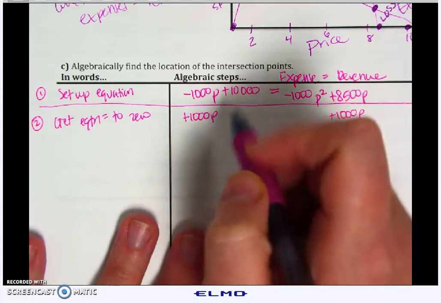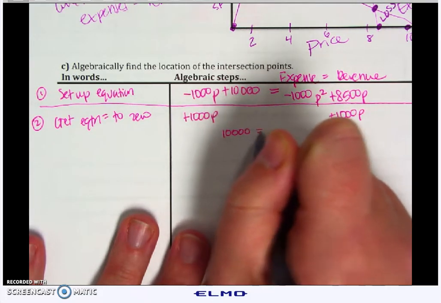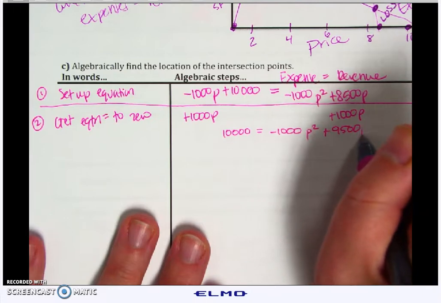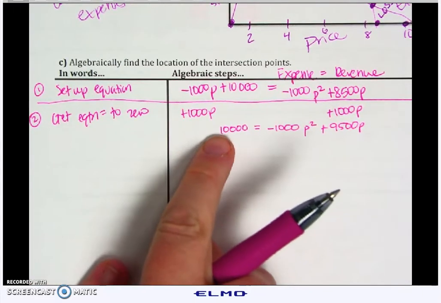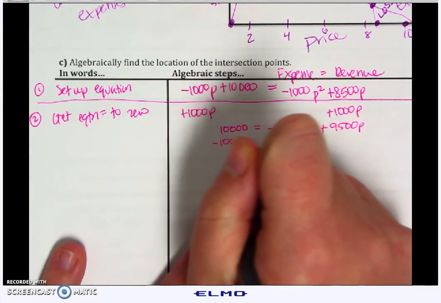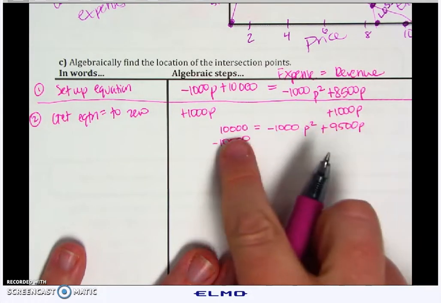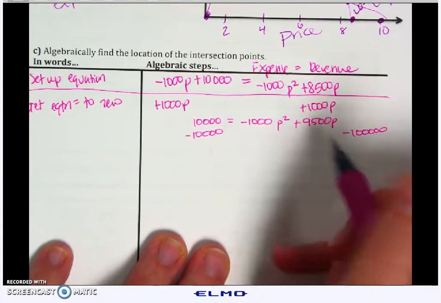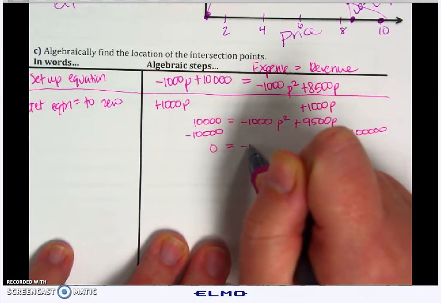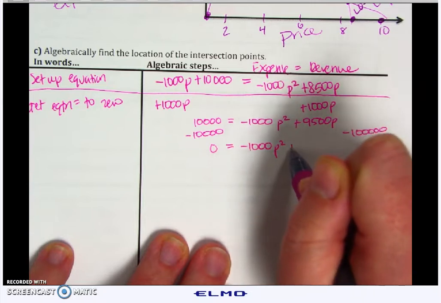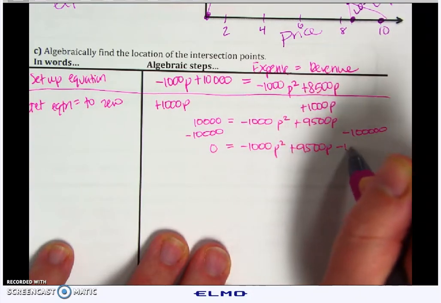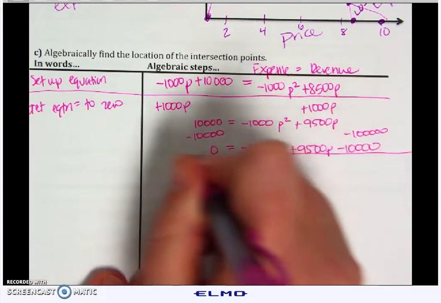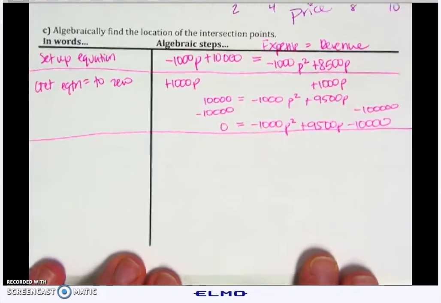And so when I do that, I'll get 10,000 equals negative 1000p squared plus 9500p. We still need to get the equation equal to 0, so we're going to subtract 10,000. Neither one of these are like terms to 10,000, so I just stick it on the end underneath an empty space. So then I've got 0 equals negative 1000p squared plus 9500p minus 10,000. All right. Step 2 is done. Get the equation equal to 0.